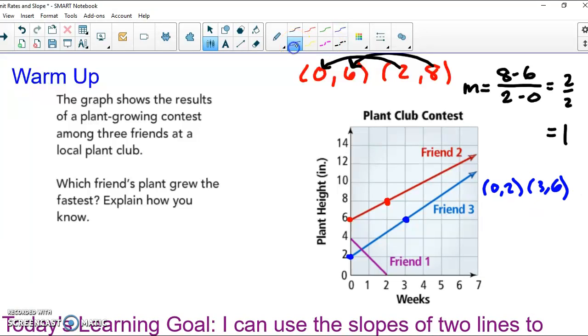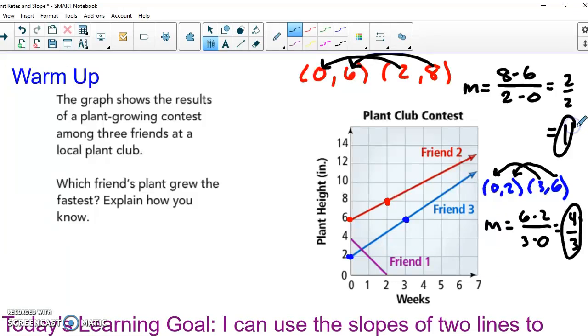So I'm going to find the slope by doing my change in y, so I subtract my y coordinates, over the change in x, so I subtract my x coordinates. 6 minus 2 is 4, 3 minus 0 is 3, so I end up with a slope of 4/3, and I know that 4/3 is more than 1, so friend 3 has the fastest growing plant, because the slope of the graph is the steepest.